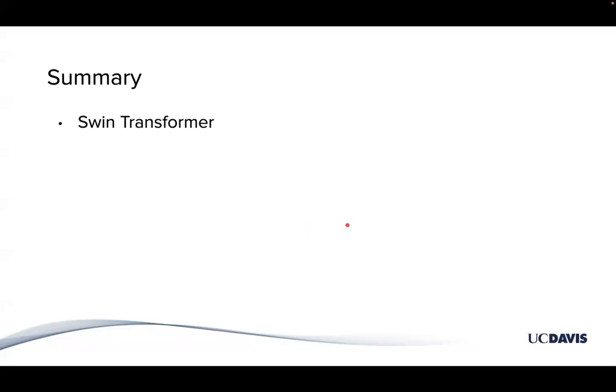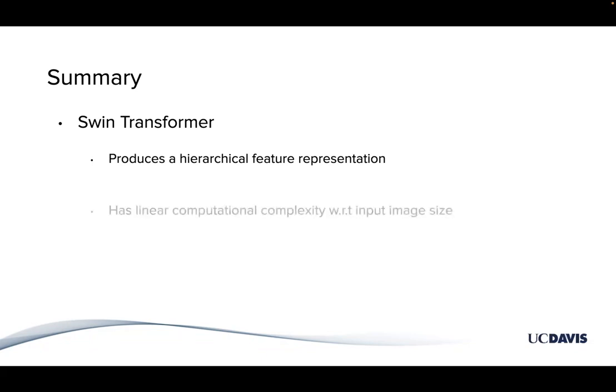So finally, we have seen in this Swin Transformer how it produces a hierarchical feature representation, taking inspiration from convolutional neural networks, and it has achieved linear computational complexity with respect to image size, because we are calculating self-attention only in a particular window, not on a global scale.